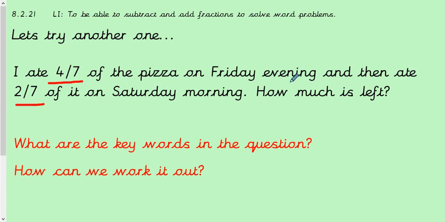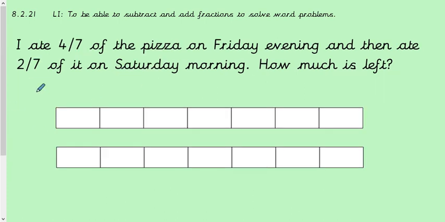How much is left? So again, we are going to be doing some subtracting with this. So we need to work out how much is left from the pizza. So we can use a fraction strip to work this out as well.